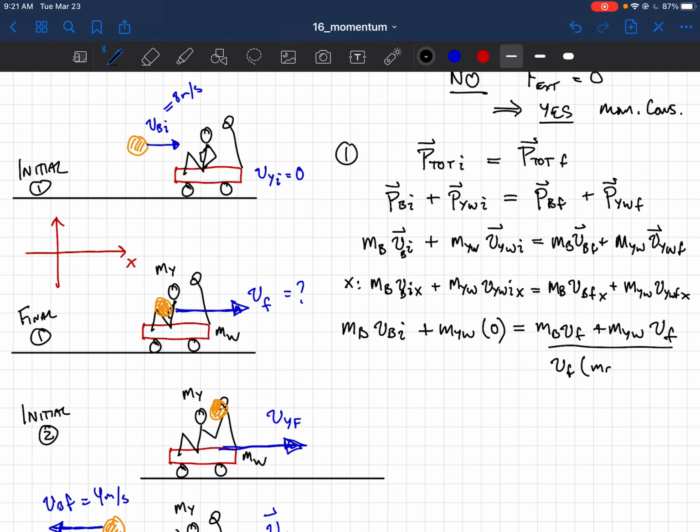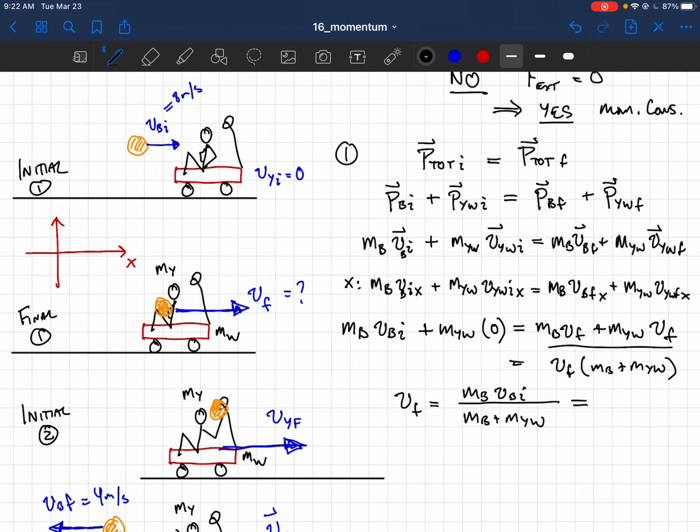So this is v final times m ball plus m u wagon. So that means that I can write v final is equal to m ball v ball initial over m ball plus m u wagon. So I can find the final speed of u. And let's just plug it in and find the answer.